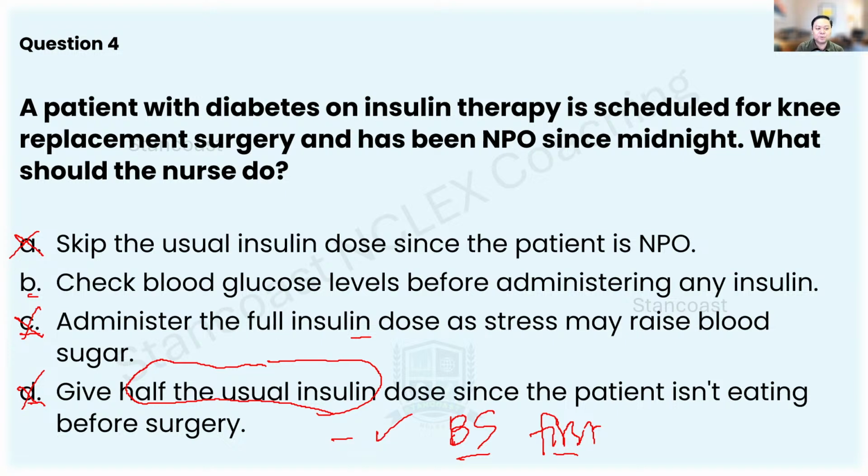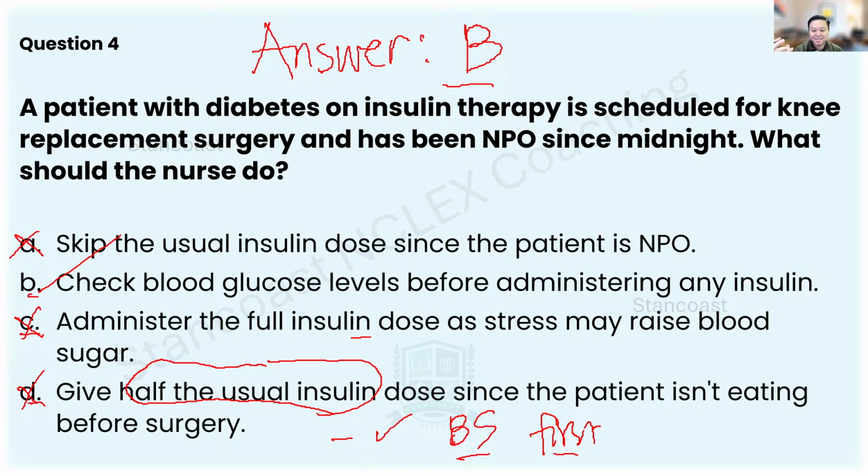And take note, guys, that when you are administering insulin, this is a critical medication that you should be checking with another nurse. When you check the blood sugar of the patient and you have an order to give that exact dose according to the sliding scale, let's say Humalog or Novolog, once you calculate the dose, you want to make sure that the dose is also counter-checked by another nurse.